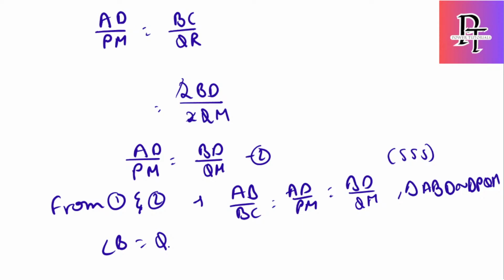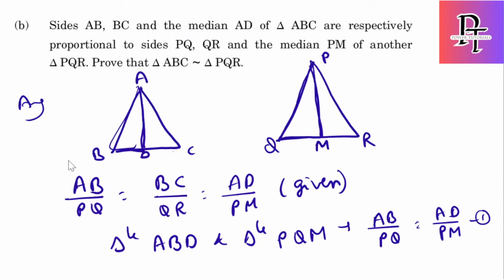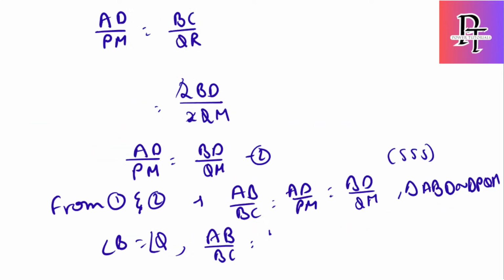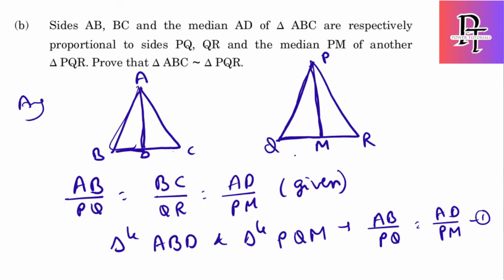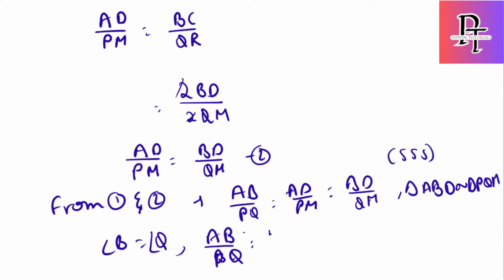So now we have one angle equal and two sides are proportional, which is AB by PQ is equal to BC by QR. This is already given.